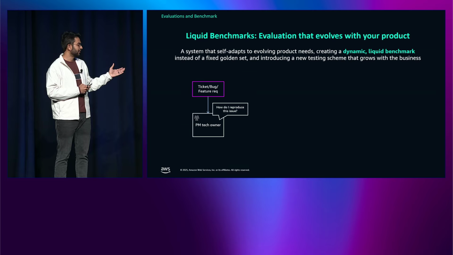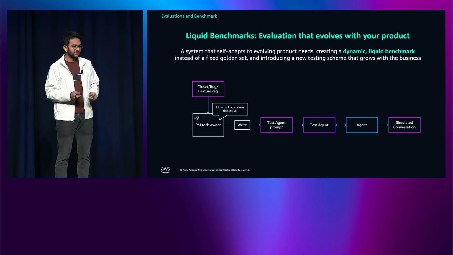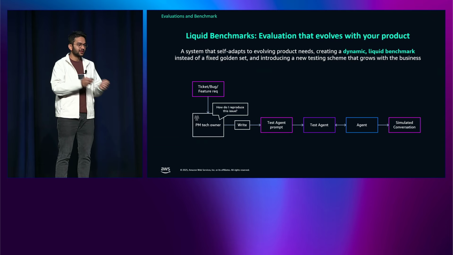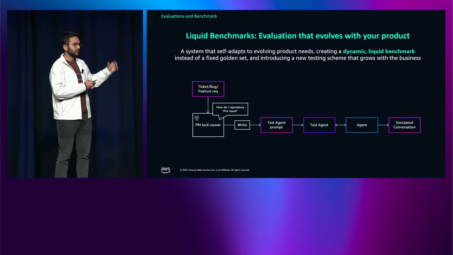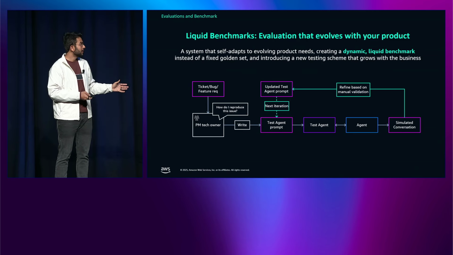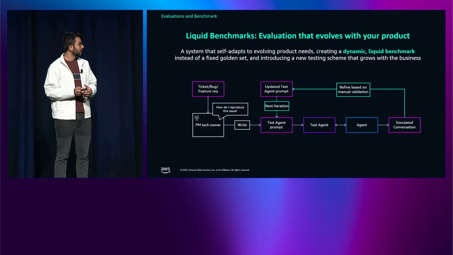So this is the architecture we follow. For any bug, feature request, or feedback from the user, as we create a ticket, we write a test agent prompt. Instead of writing a fixed rubric, we write a test agent prompt that chats with a real agent. This simulated conversation shows us what's possible for this specific feature or bug. Then a human evaluates and refines the test agent prompt based on that simulated conversation.